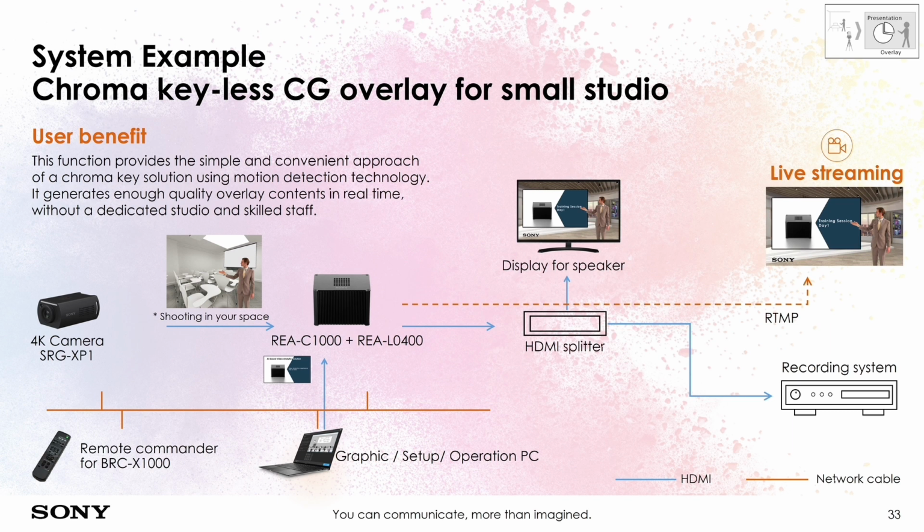Just shooting in your space, we can overlay the graphics on the speaker, then distribute the overlaid image to different destinations for different locations, like live streaming. And also, we can split the HDMI output to a recording system.